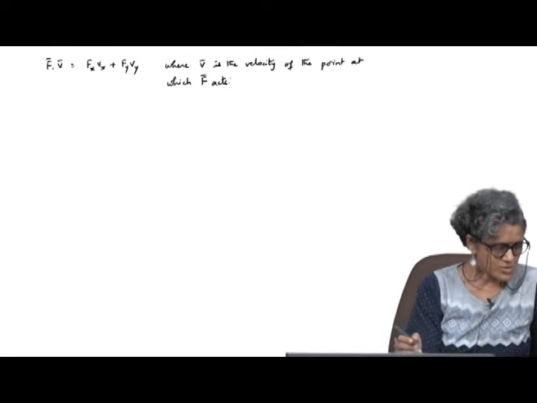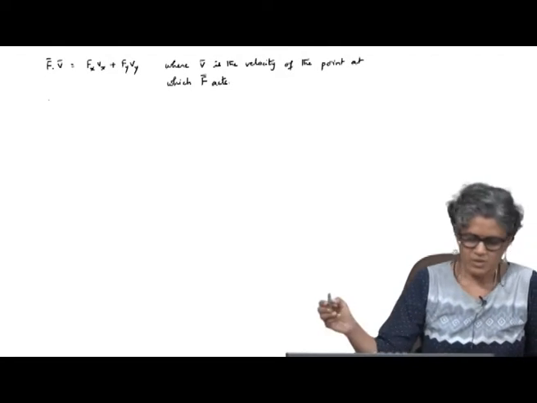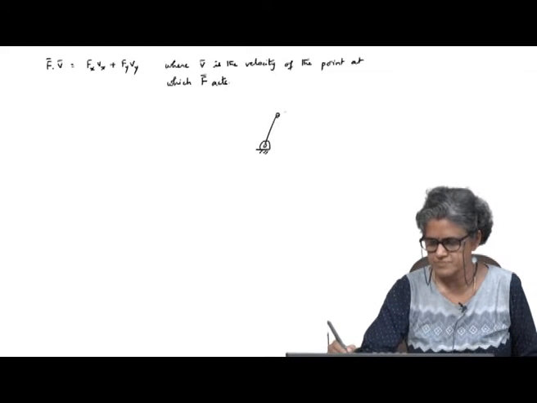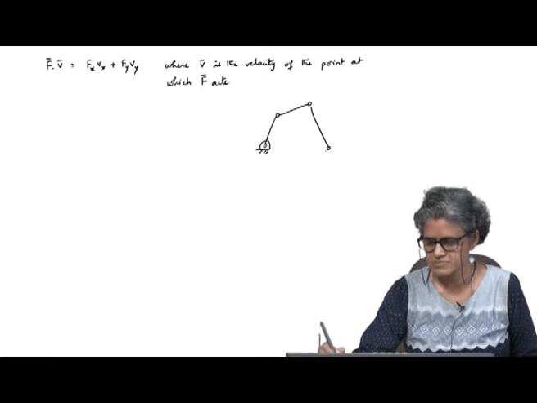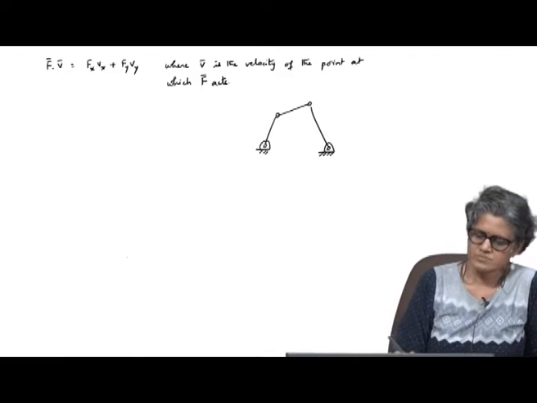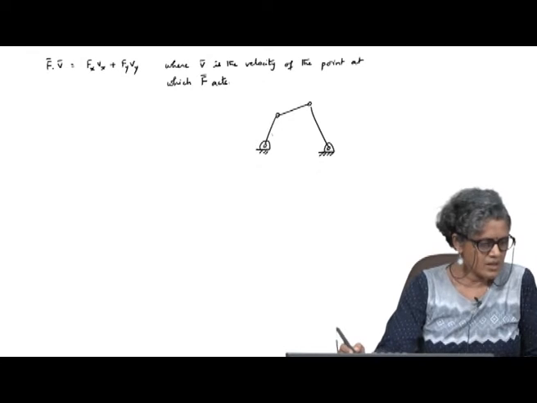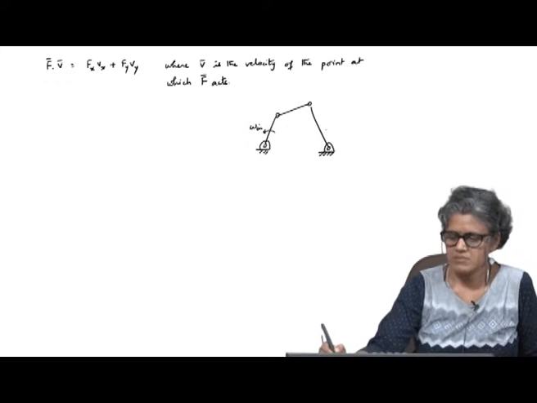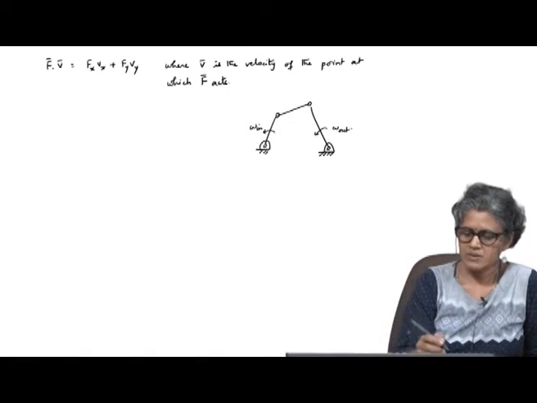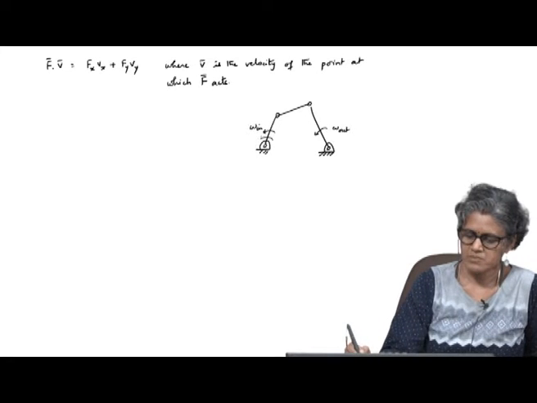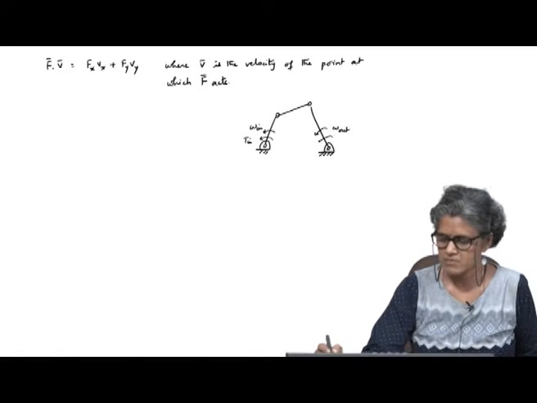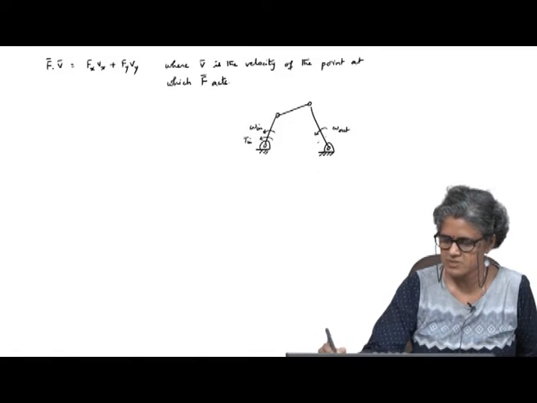Okay, so if you have omega in, some omega out, and you have some input torque, let us say the output torque is this.